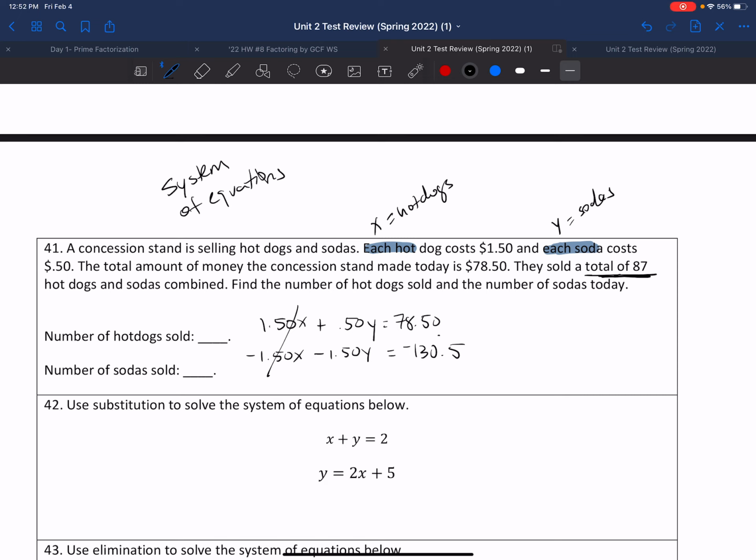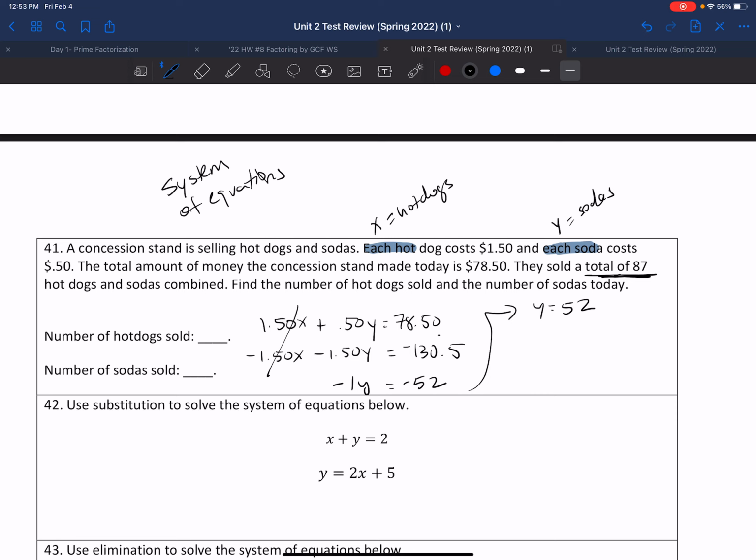So 0.50y plus negative 1.50y, that's just going to be negative 1y, and then 78.50 plus negative 130.5 is negative 52. And then looking at that, that's just going to be y is equal to 52.